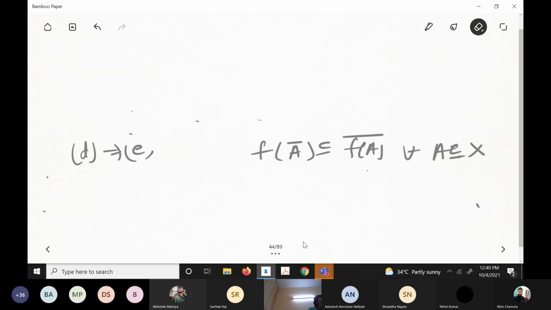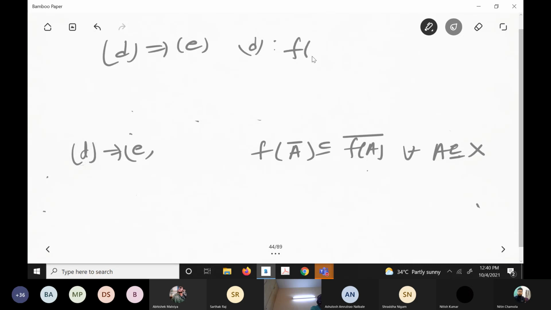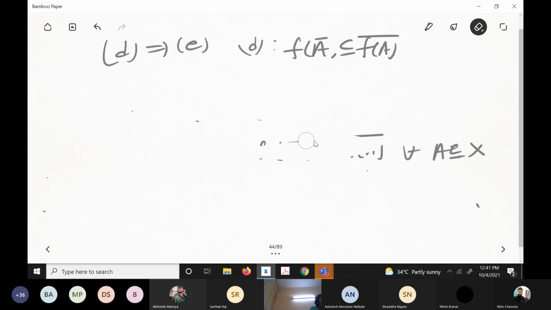Now look, this condition, let me write it here. D is this. First thing, don't get confused here: closure is taken first on one side and over the whole thing on the other.